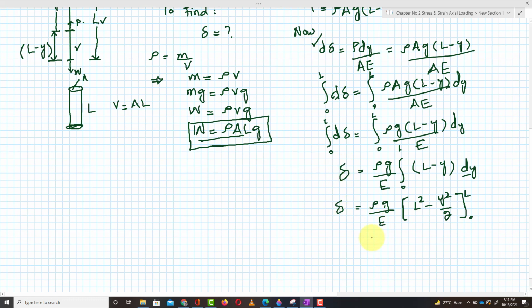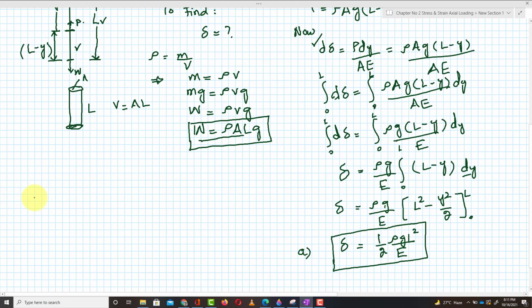So when you put first L and then 0, the total change in length will be equal to half of rho G L square over E. So this will be the change in length for the whole cable. Clear? This is the first part which we have solved.